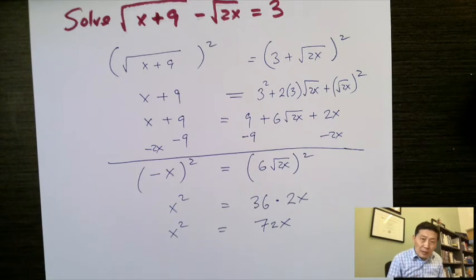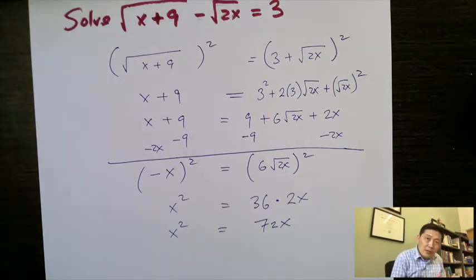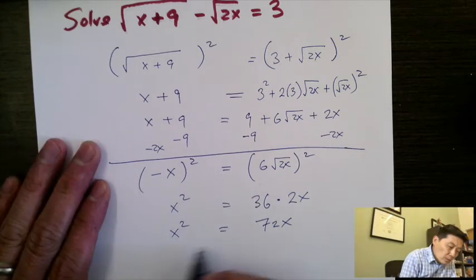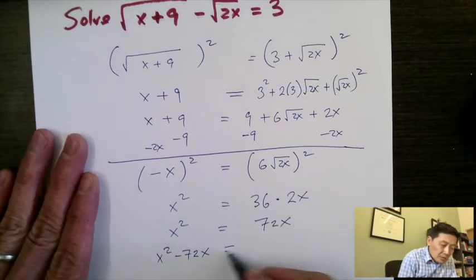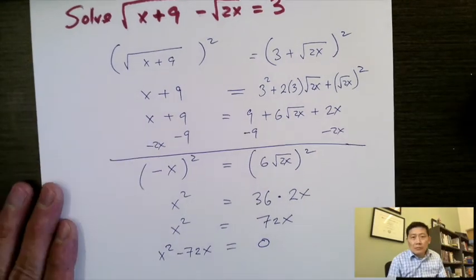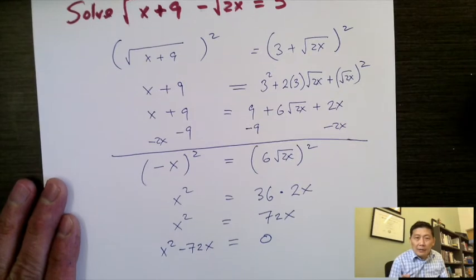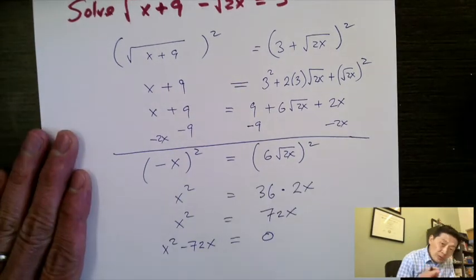At this point, you've got to move everything to one side. This is becoming a quadratic equation, so we end up with x squared minus 72x equal to 0. Then you apply the technique of factoring.